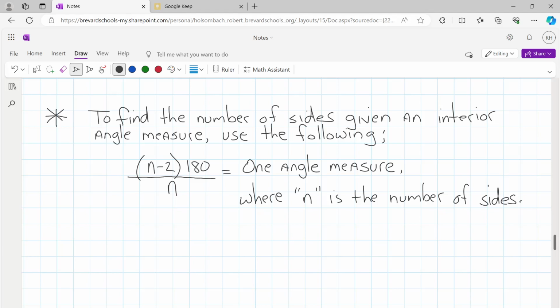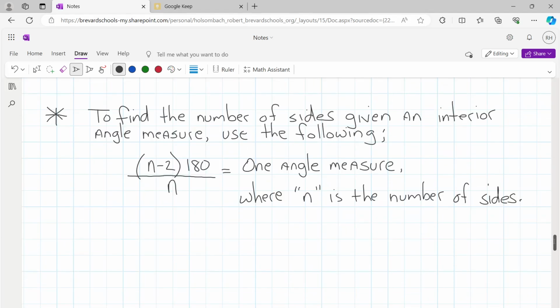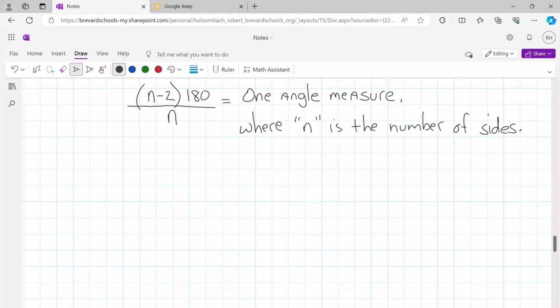So in that problem on 396, you're told that one of the angle measures is 135 degrees. So here's your setup. We're going to take n minus 2 times 180, over n, and we're going to make it equal to 135.